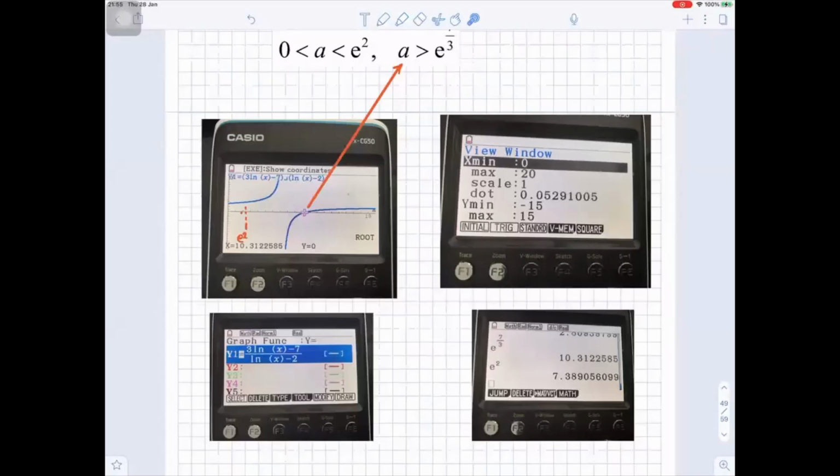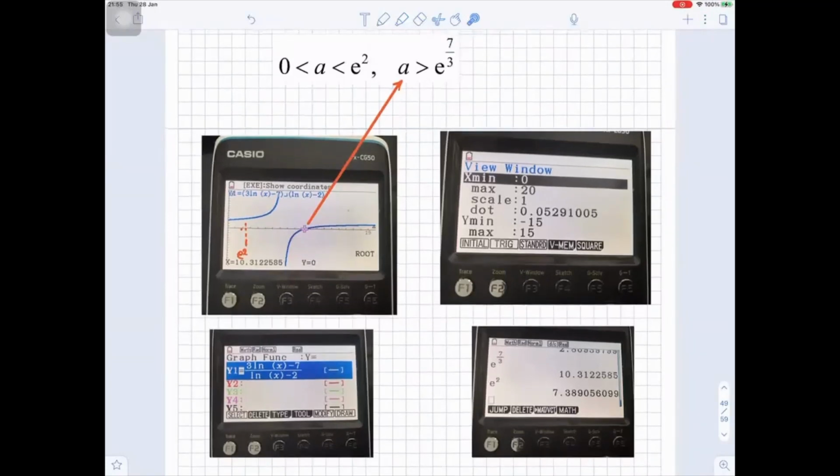So if you look at this, you will notice that e to the 7 over 3 is this value there. It's marked there. And it goes from 0 up to e squared.